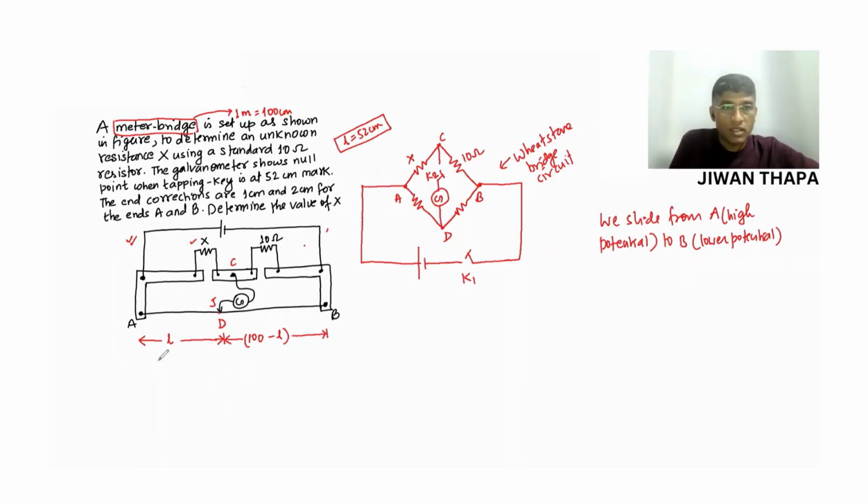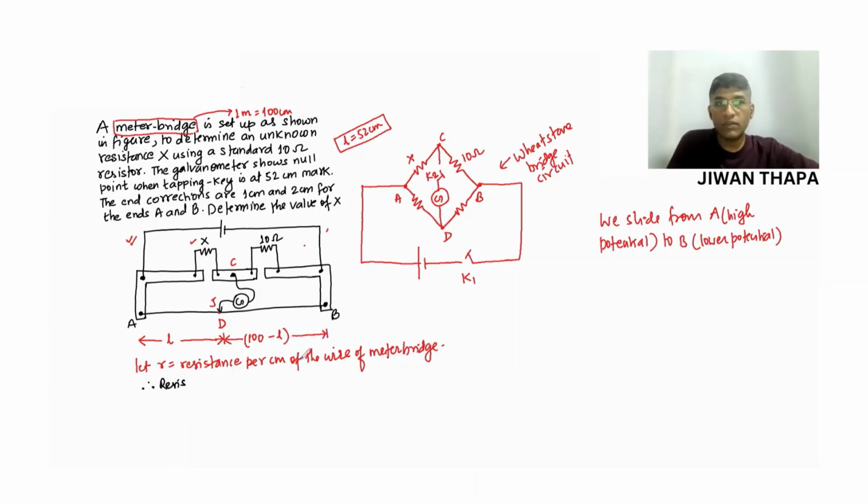Now let small r be the resistance per centimeter of the wire of meter bridge. Therefore, as I said earlier, we need to find resistance of the length AD, that is, resistance between A and D, or the arm AD.